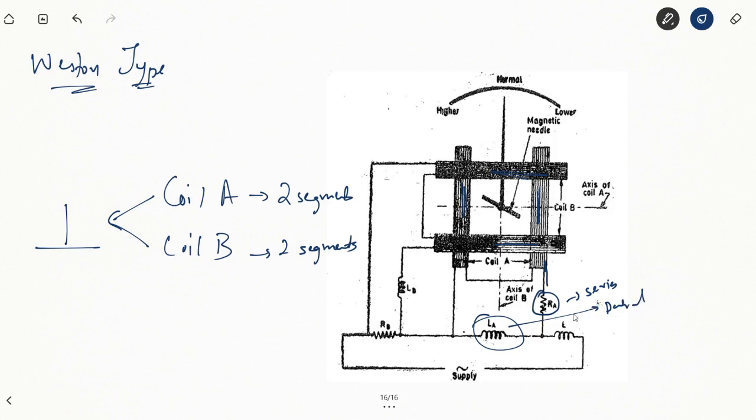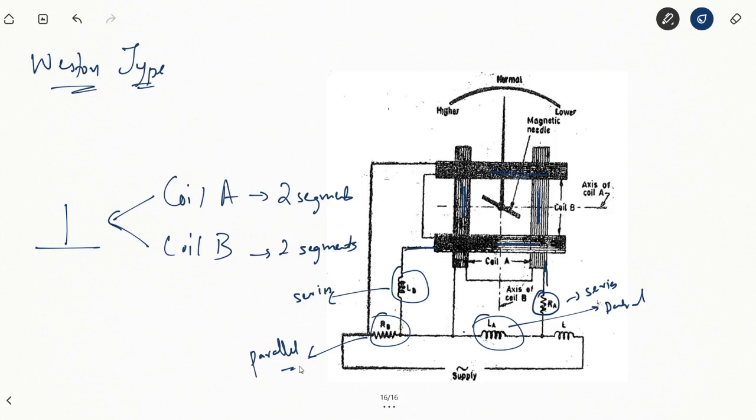While coil B has an inductance Lb in series, while Rb is in parallel. So you have coil A having a series resistance Ra and a parallel reactance La. Coil B has a series inductance Lb and a parallel resistance Rb.